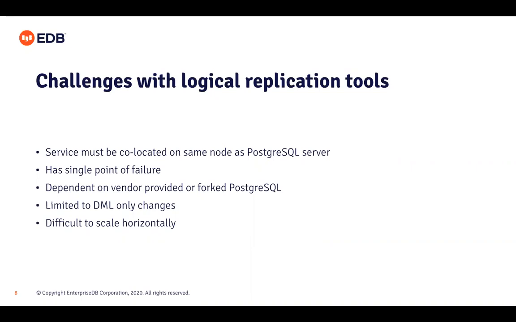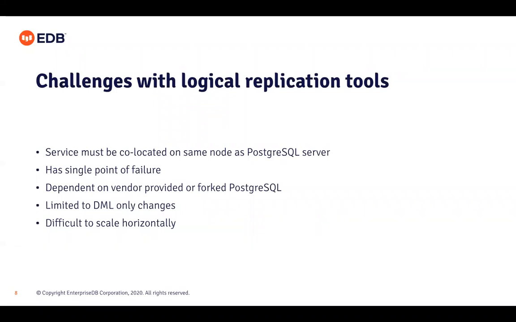So that's another thing we've seen. It may also be dependent on the vendor provided version of Postgres, as some solutions might require additional capabilities or require a specific build of Postgres with their tool. So we see that out there as well.